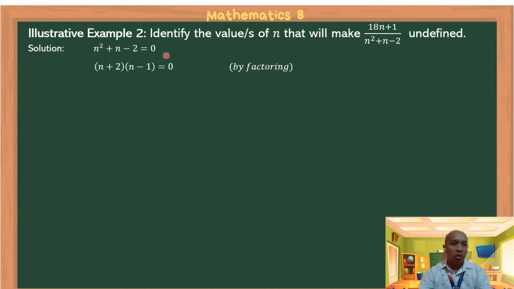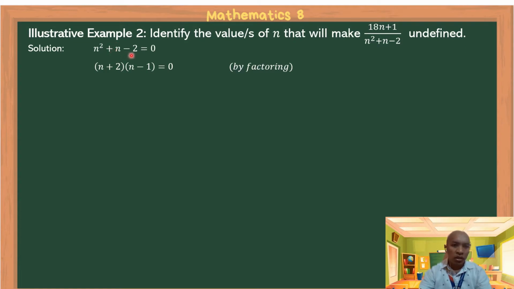The factors of the first term are n and n, the factors of n squared. So what are the factors of negative 2 such that if we add the factors, the sum is the coefficient of the middle term, which is the coefficient of n, positive 1?